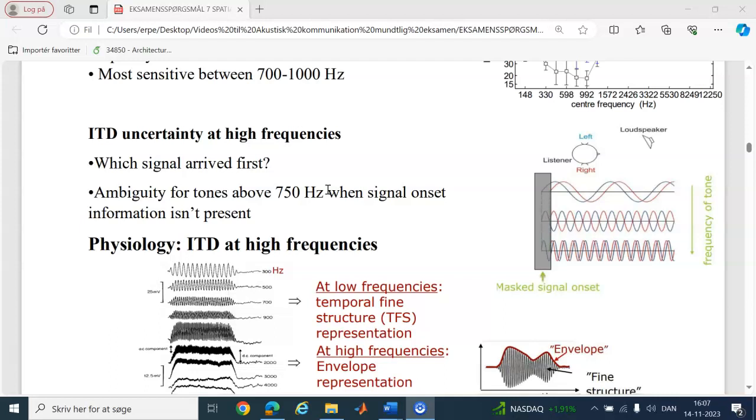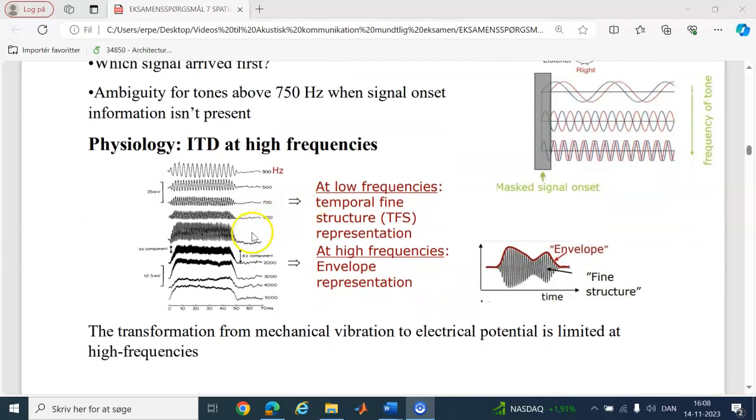Or else you can say that ITD is biggest with low frequencies because of long wavelengths. Long wavelengths mean there's a lot of diffraction, so you are able to hear sounds at both ears.